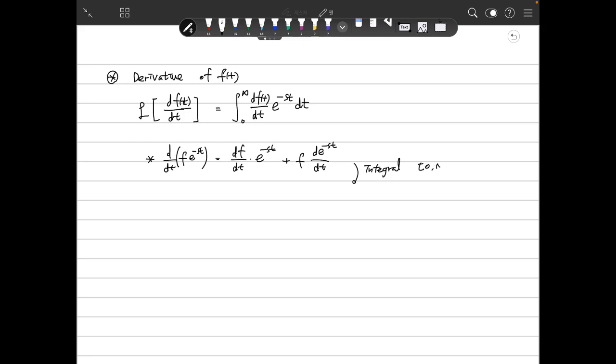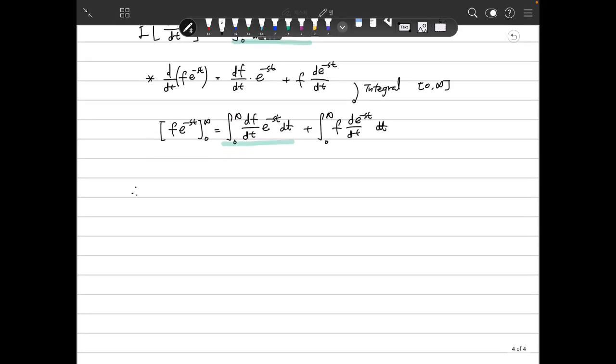So f exponential minus st from 0 to infinity equals the integral 0 to infinity of d/dt f exponential minus st dt plus the integral 0 to infinity of f d/dt exponential minus st dt. So that is what we wanted to get here.